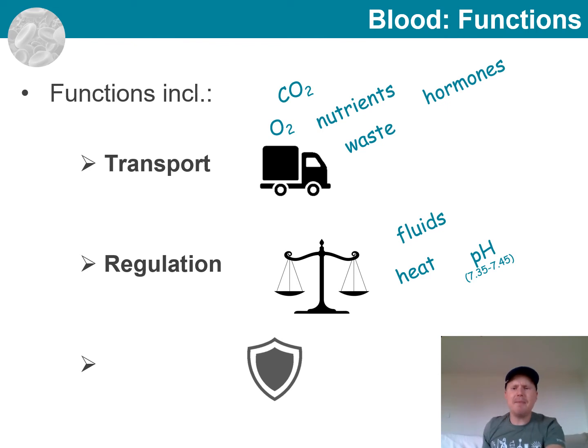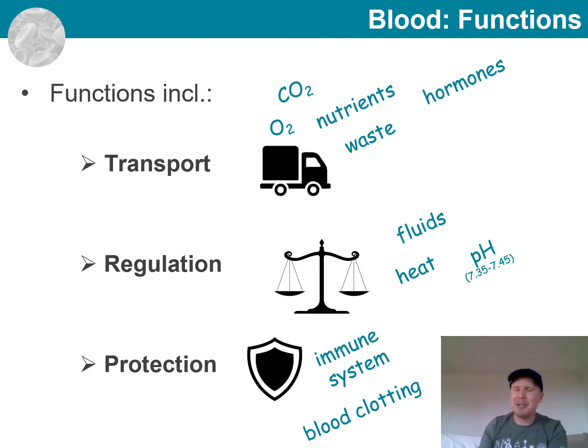And the final function that I would like to mention is the protective role of the blood. One good example is the immune system cells traveling within the blood. These are known as the white blood cells. Another one that is personal to me is the blood clotting.